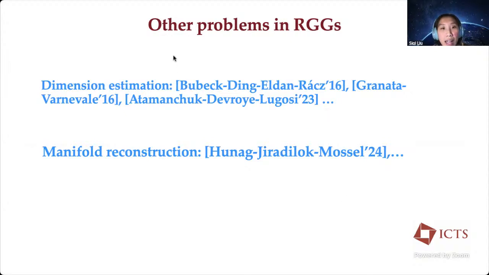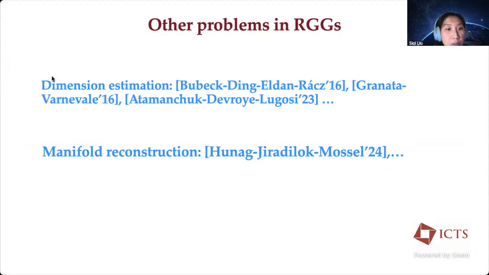But there are also many other interesting computational questions on these random geometric graphs. There are only partial results in these areas, and people haven't figured out the threshold for these problems. I think these are very cool directions to look into.